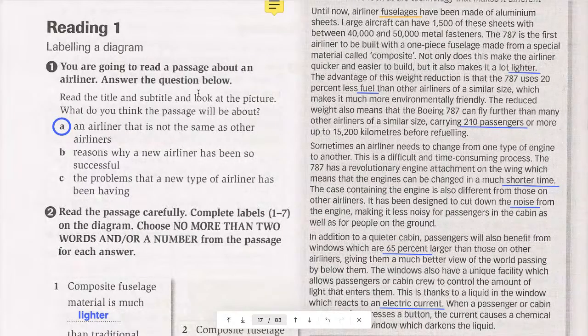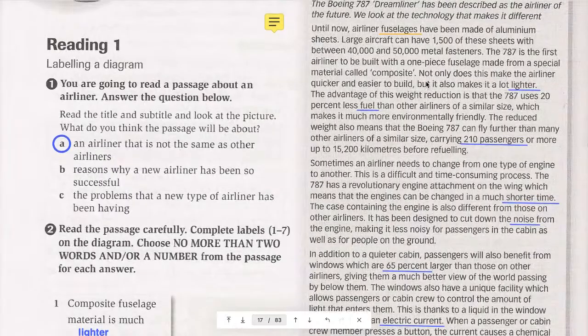So now, do you understand the meaning of the word composite? At least you must know what it is. After reading that, what is that? Composite. Yes, very good. It is a material. At least you must know that is a material, right? Because here they say composite.